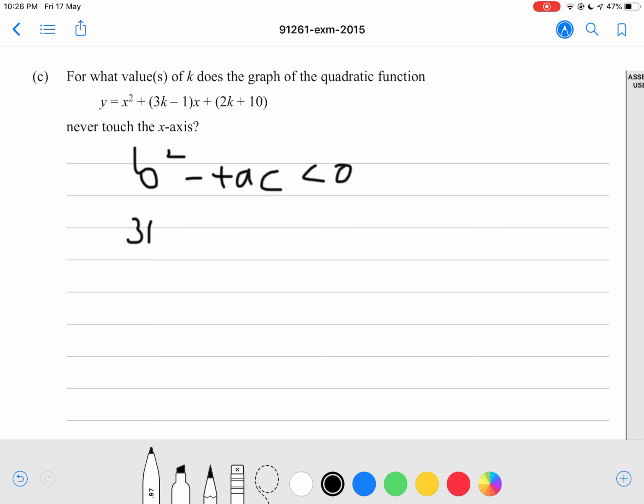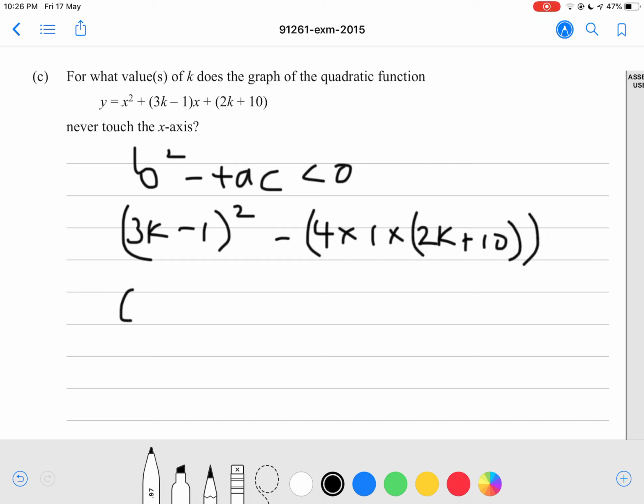b squared, so (3k minus 1) whole squared, minus 4. Always put it in brackets, so 4 times 1 times (2k plus 10). So 9k squared minus 6k plus 1, minus 4 times (2k plus 10), that becomes 8k plus 40.